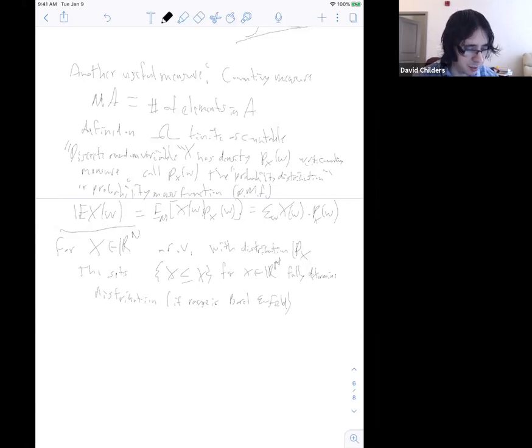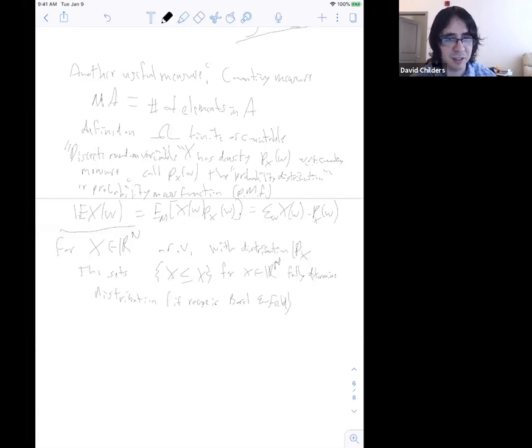And for those random variables, whether or not they're dominated by the Lebesgue measure, we can always define the distribution using the push forward, using the probability over the sets defining the sigma field.